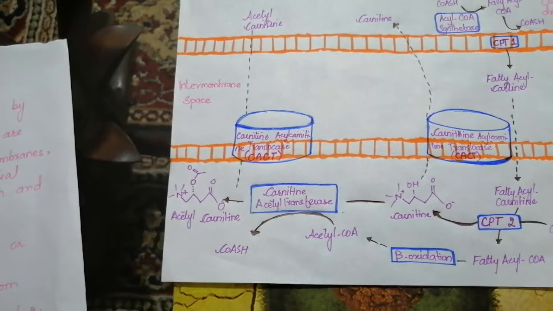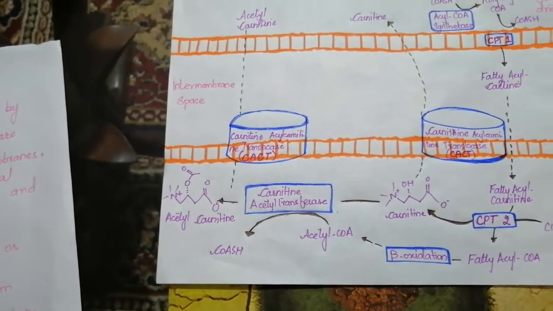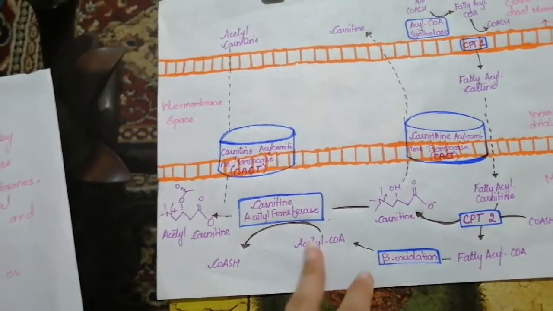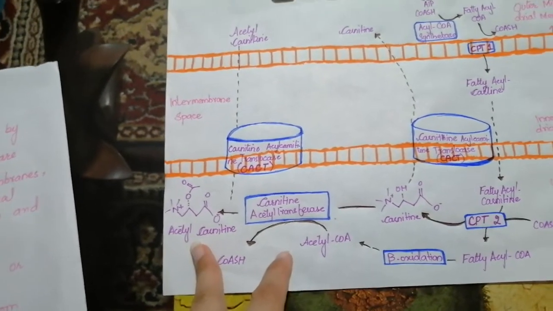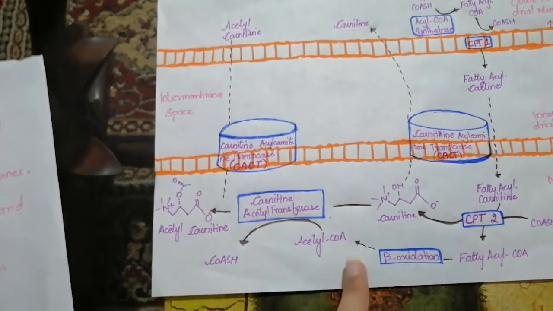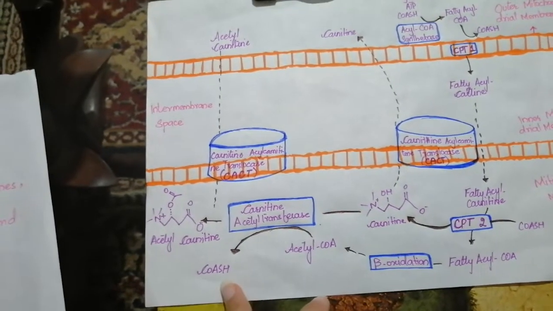So acetyl CoA becomes CoA. This acetyl is transferred to this carnitine. It makes acetyl carnitine by this enzyme, and this acetyl CoA is converted into CoA.